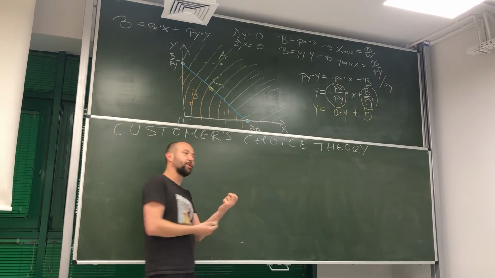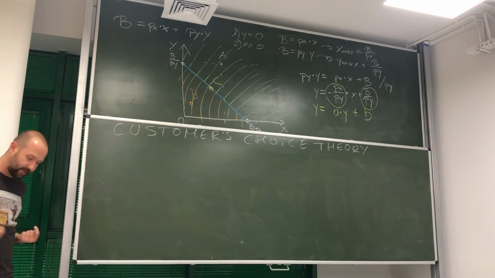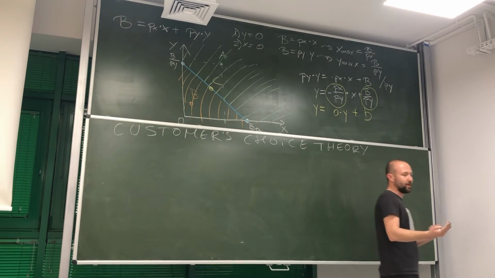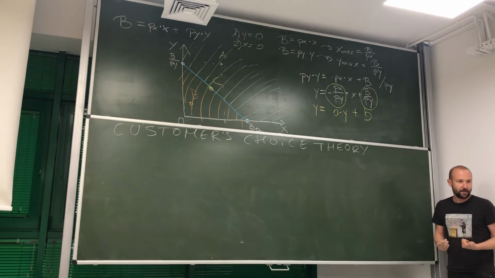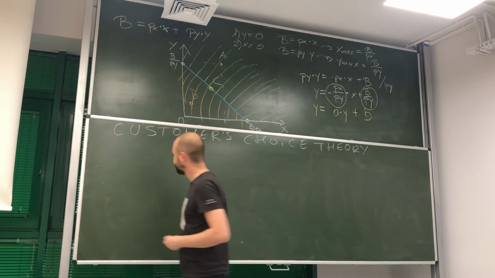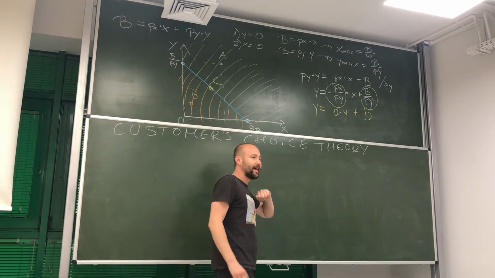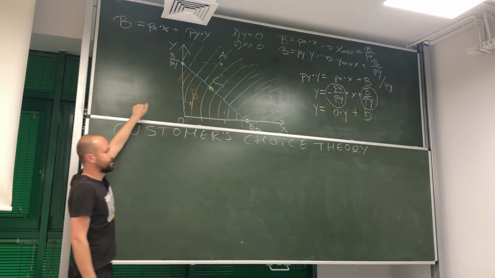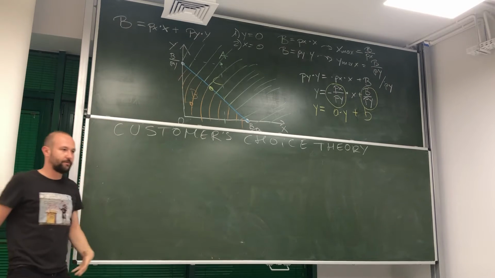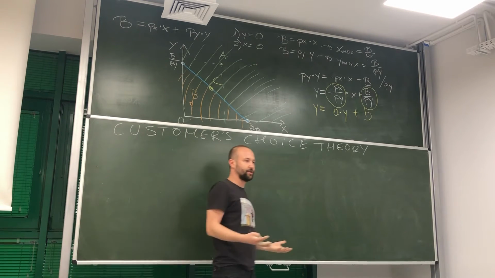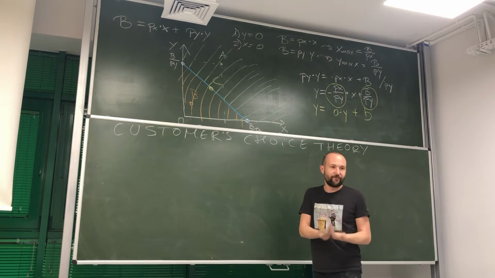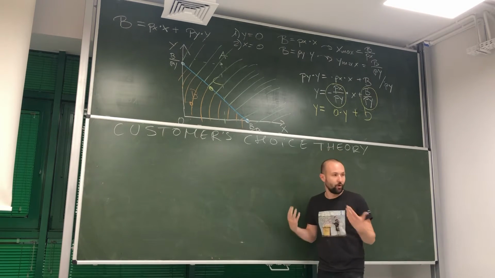We already touched upon this subject in a previous video when we were discussing the concept of total and marginal utility. So now that we have a budget constraint, we need to also add to this picture some representation of customers' preferences, needs, what the customer wants.